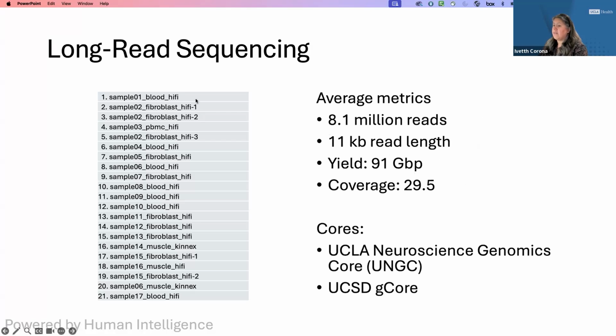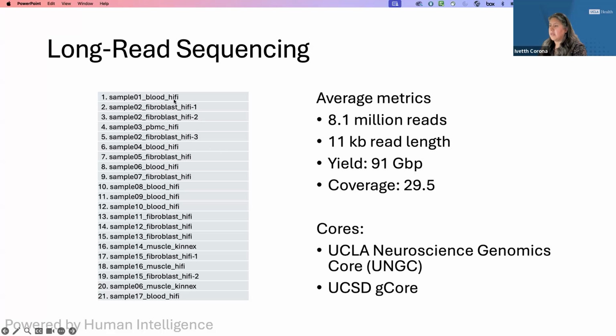In the HiFi dataset, we're actually using PacBio. I forgot to mention that for long read, there are two big technologies, or two companies, doing long read. One is PacBio, the one that we use, and the other one is Oxford Nanopore, ONT.